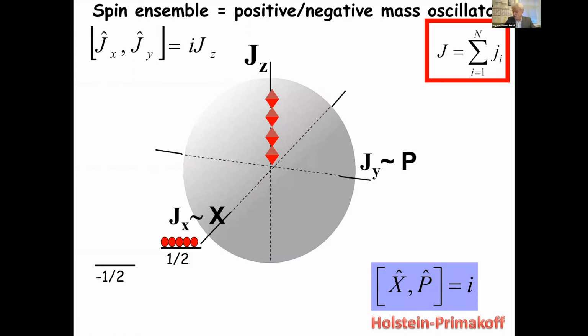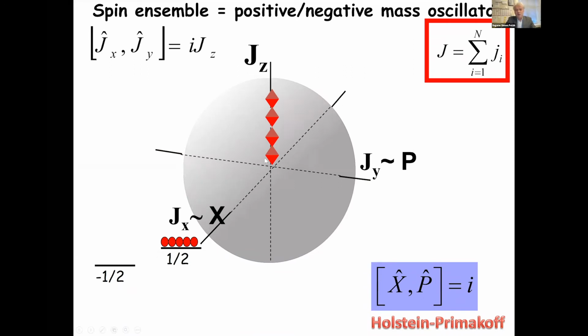All right, so now let's get to our negative mass oscillator. And this is atomic physics. So let me assume that I have an atomic two-level system. Let's say it's a ground state of my atoms, and let's say I put it in the magnetic field, and so I have spin up and spin down possible orientations.